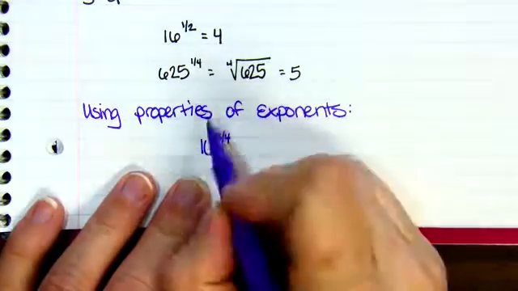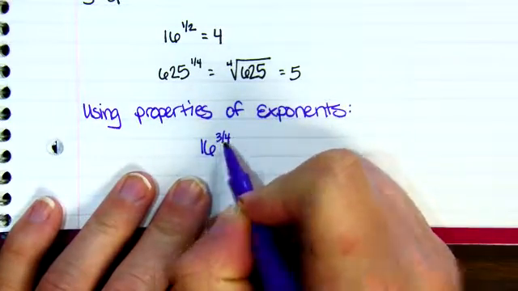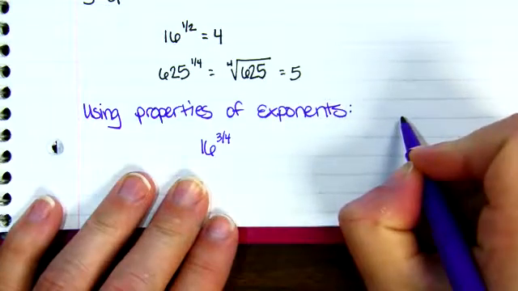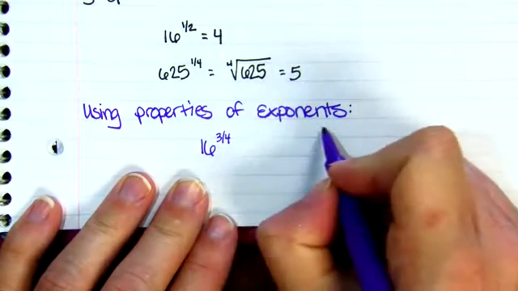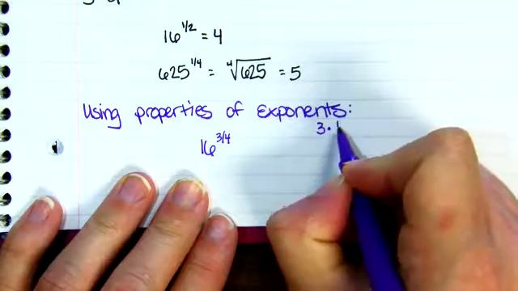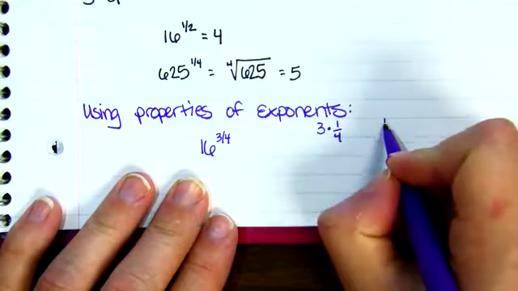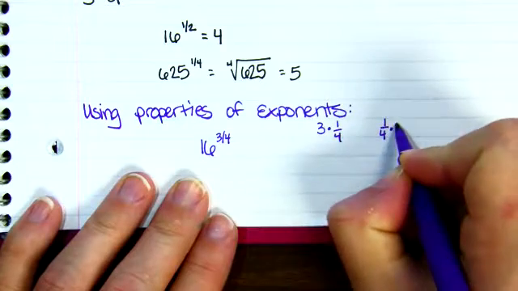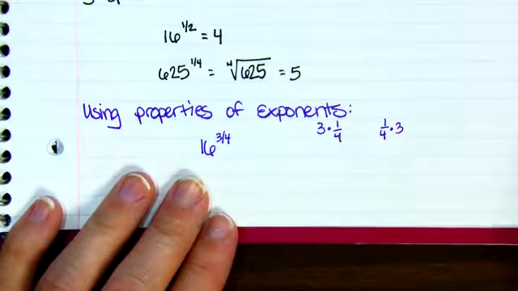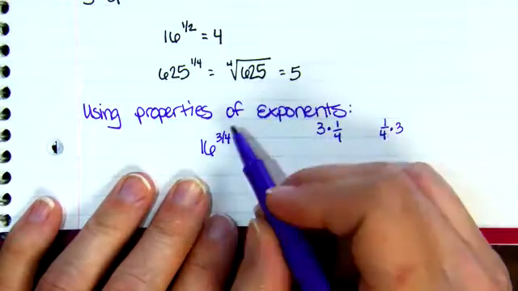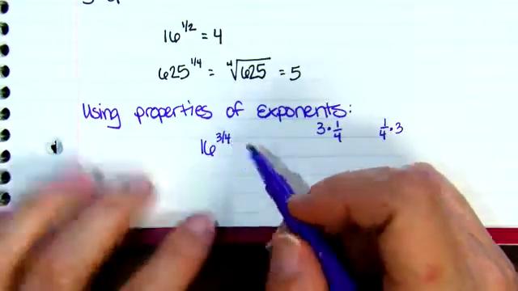And if I were to break that fraction up, there are two ways I could write this. I could write the 3/4 power as 3 times 1/4, and that would give me 3/4. Or I could write it as 1/4 times 3. In both of those situations, when I multiplied them out, would give me 3/4.